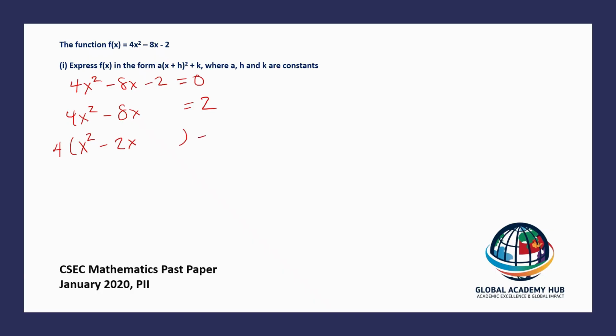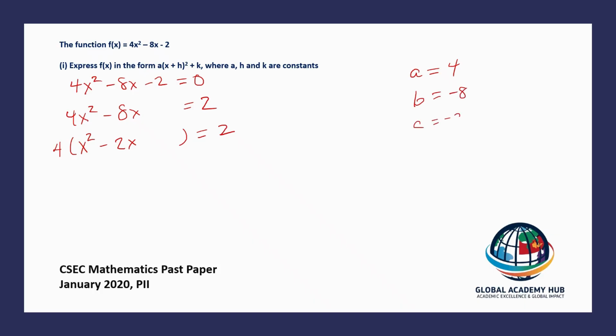So what I'm going to do to complete the square is I'm going to add the square of half b. What is b? a is the leading coefficient, and b is the coefficient of the x variable. And of course, c is minus 2.